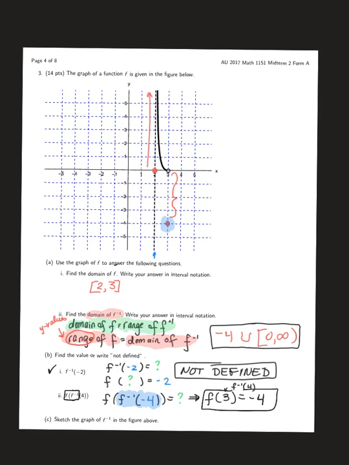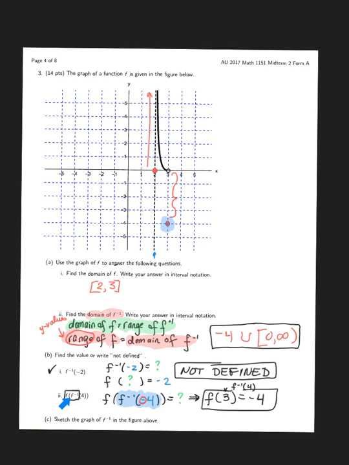But wait, you might be saying, hey, our question doesn't say negative 4. But look, I used negative 4 to show you that the answer comes out to be negative 4, because f and f inverse have a canceling effect on one another. So f of f inverse of negative 4 is negative 4.